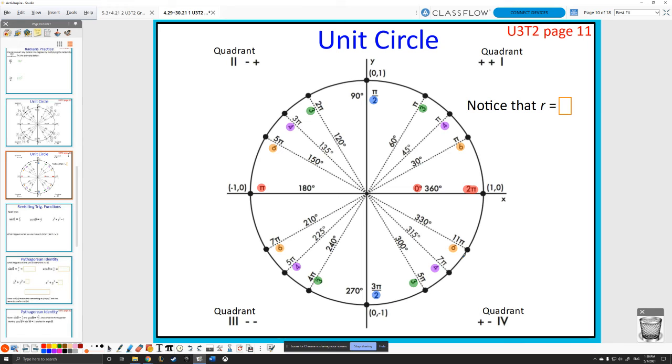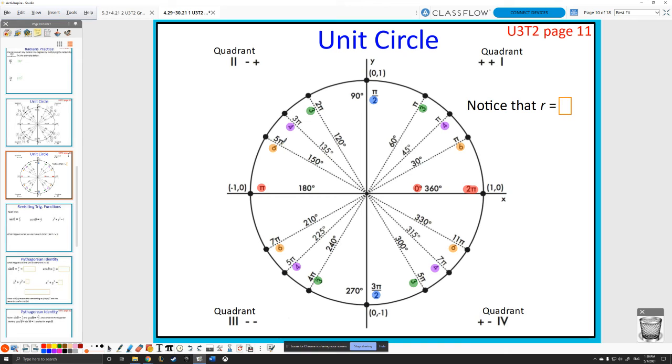Now, just one last thing to talk about the unit circle. You can see that in terms of my denominators, it's always going to be 2, 3, 4, or 6, right? If you have just the pi over your denominator, it's going to be in the first quadrant. If your numerator, not the pi, is 1 less than your denominator, you're going to be in the second quadrant, right? 2 over 3, 3 over 4, 5 over 6.